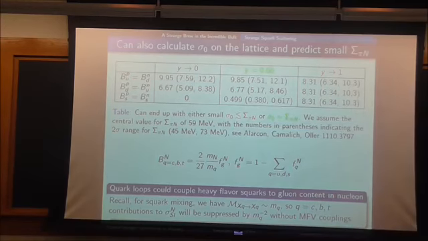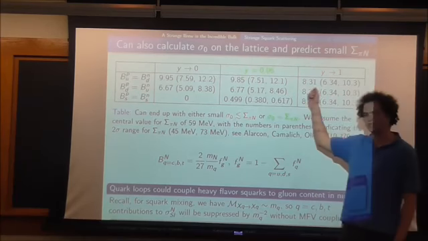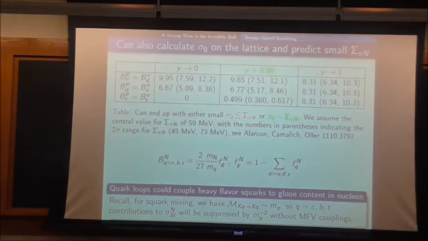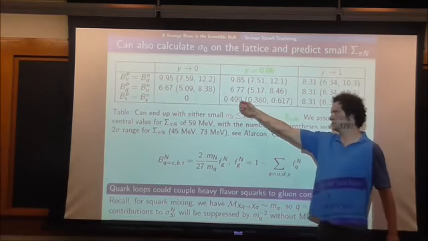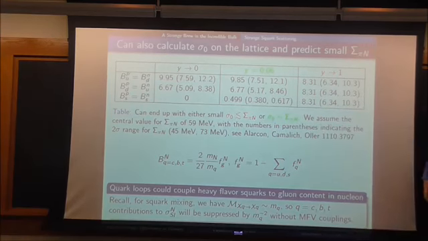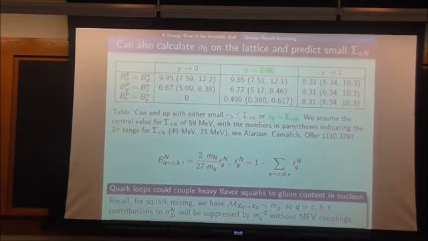And you can see that for first and second generation, you run into 10% differences in your form factor. But if you're just going through strange squarks, you run into order of magnitude size differences, depending on whether you're looking at a large strangeness content or a small one.